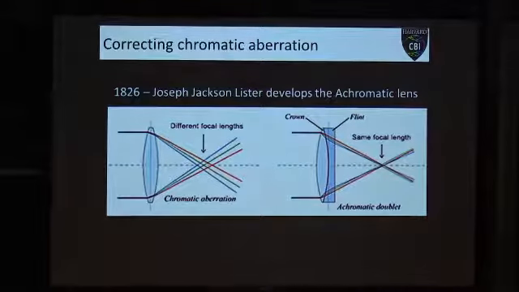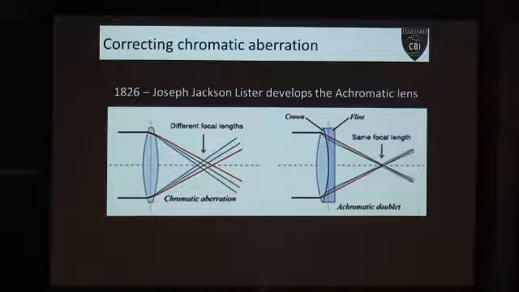But this has always been a well-known problem with objective lenses or any lens. The reason for this is that blue light refracts more than red light. So you see your blue light getting focused before the green and before the red, behind your lens. This was fixed a long time ago by a scientist known as Joseph Lister.